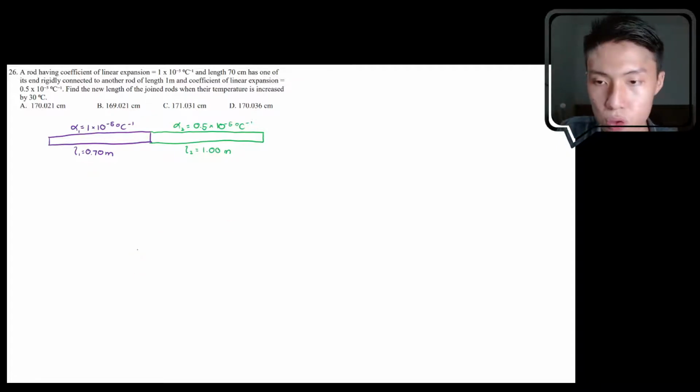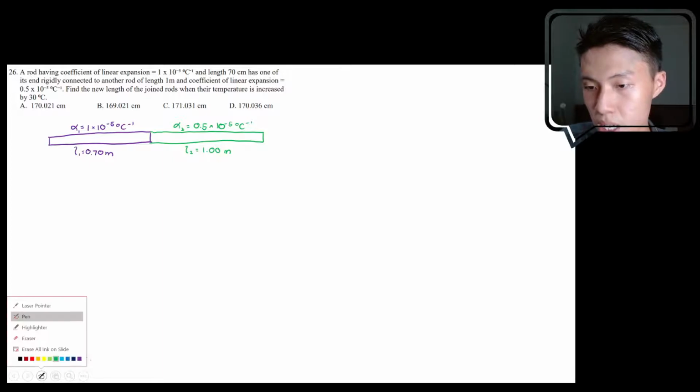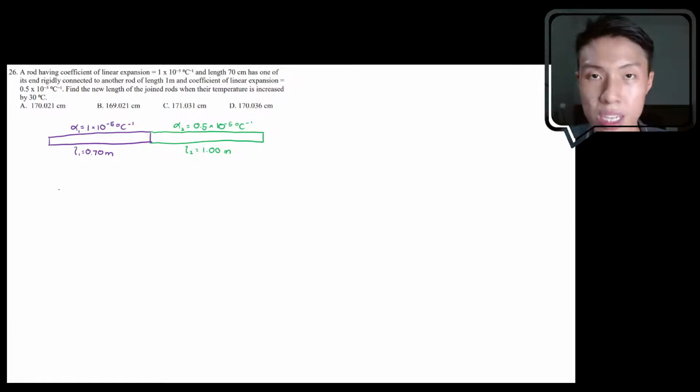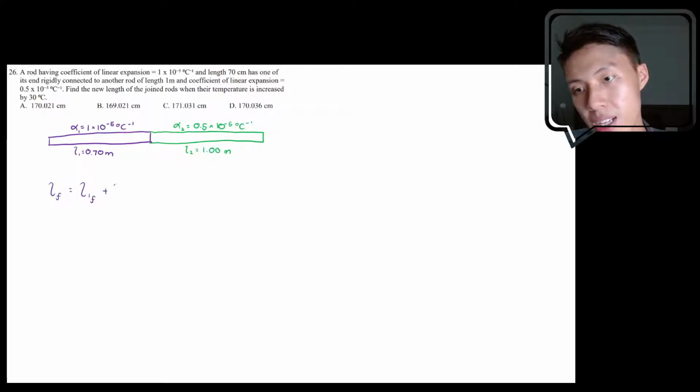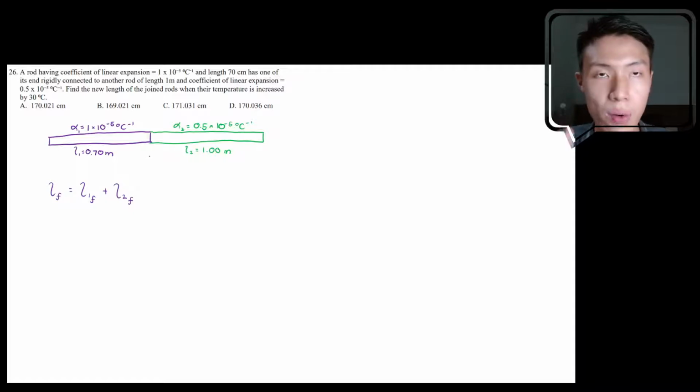I'm going to do it in one single equation. You can do it separately and add them up, it's fine. So we know that the final length will be equal to the final length of the first rod plus the final length of the second rod. You can call it L1 and L2, then call the original length L1 naught.